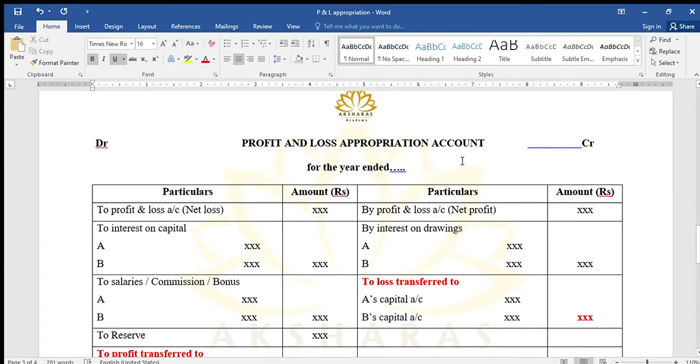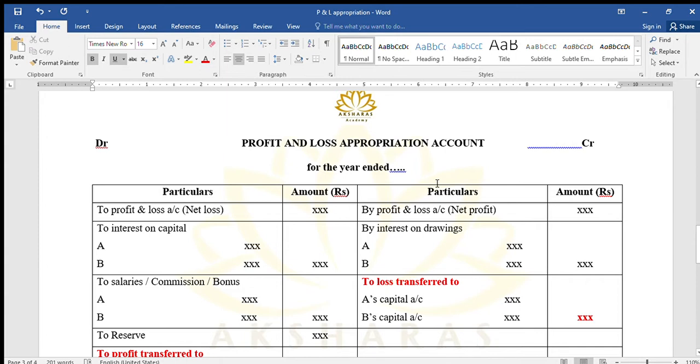This profit and loss appropriation account is prepared from the firm's point of view, not from the partner's point of view, but from the firm's point of view. Okay, so this profit and loss appropriation account follows the separate business entity concept which we have studied under the first video.